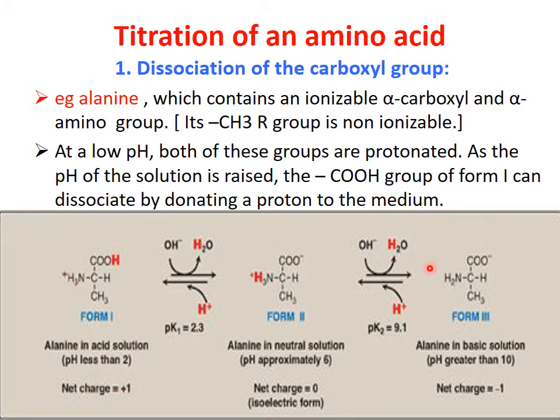Now if you keep on increasing the pH of the solution, here you see what happens. The protons from the amino group are also donated and form 3 is produced.